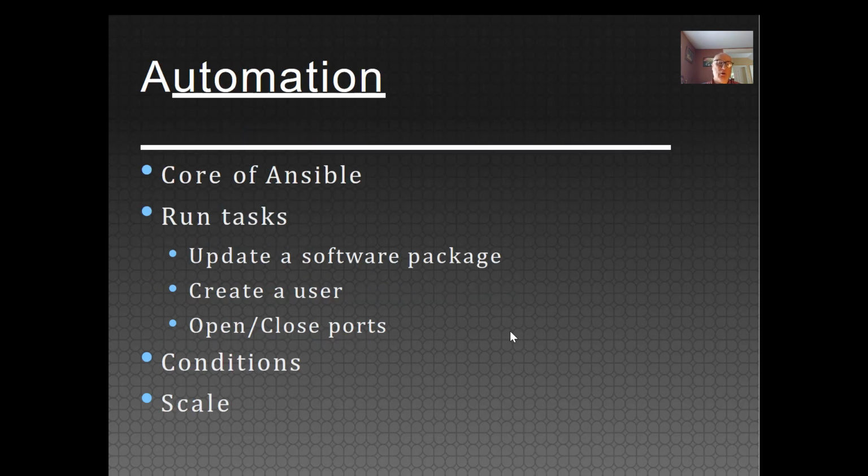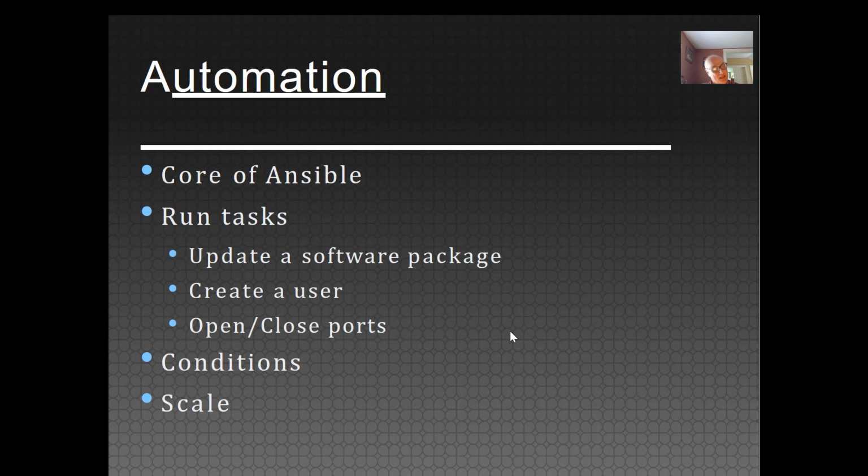So the core of Ansible is all about automation. And what you do in Ansible is you run tasks. And those tasks can be things like updating a software package, creating a user, opening and closing ports, those traditional standard things that we do on individual servers. But we can do those based on conditional expressions.